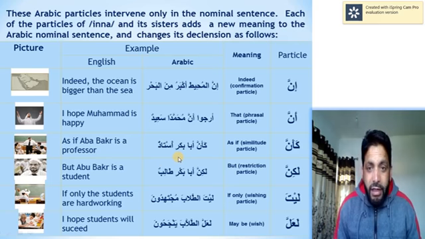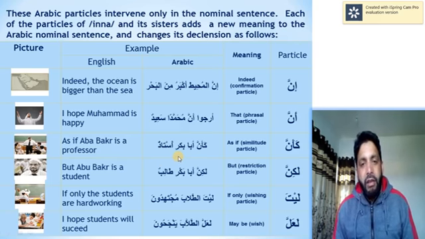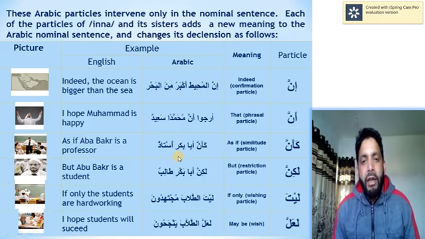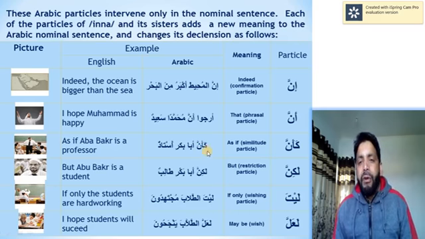So there is a similitude, the meaning of similarity between Abu Bakr and the professor. Abu Bakr is its noun and Ustadun is its khabar, predicate. Ka'anna is an annular particle, and it's among the sisters of inna, min akhawati inna.